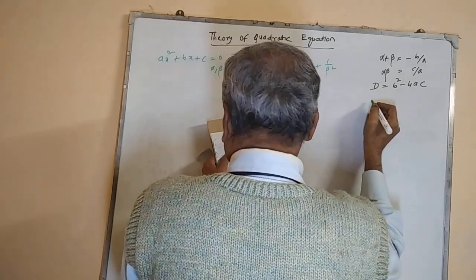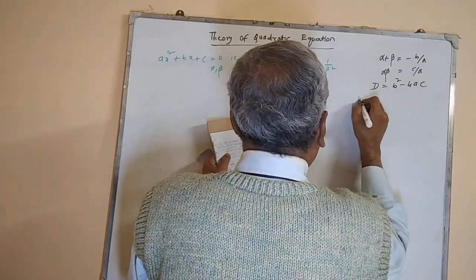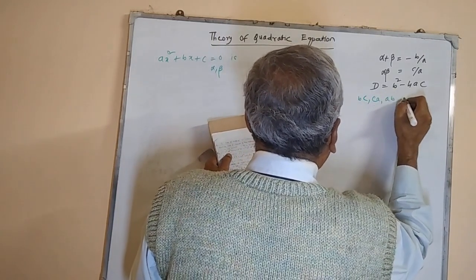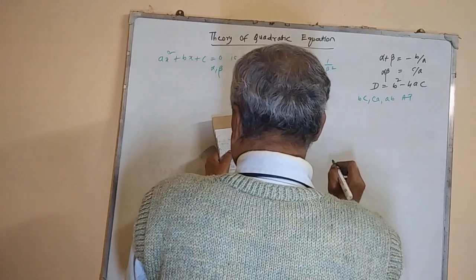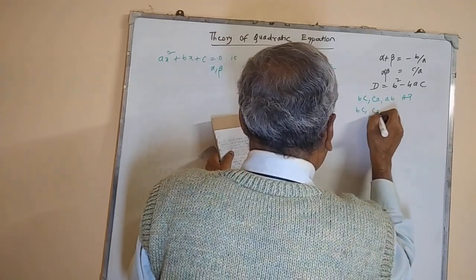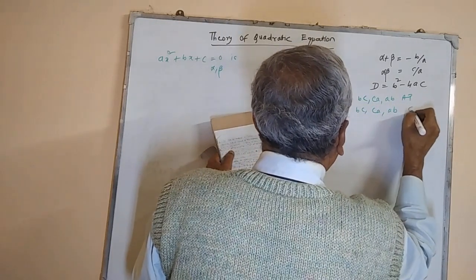Number 1, BC, CA, AB are in AP. BC, CA, AB are in GP.